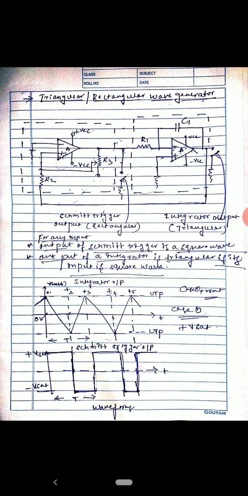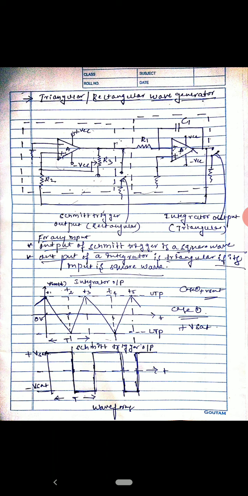Similarly, op-amp B's positive terminal is grounded and the negative terminal is given an input. So op-amp A is acting as a non-inverting amplifier because the positive terminal is given input, and op-amp B is acting as an inverting amplifier because the negative terminal is given an input and the positive terminal is grounded.